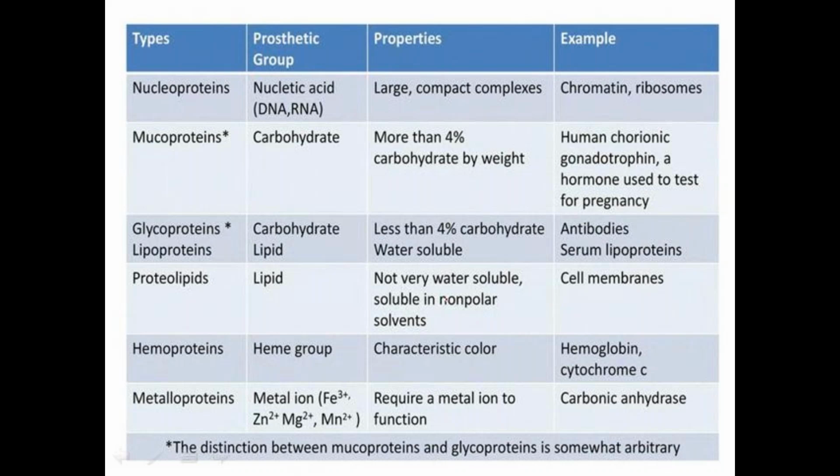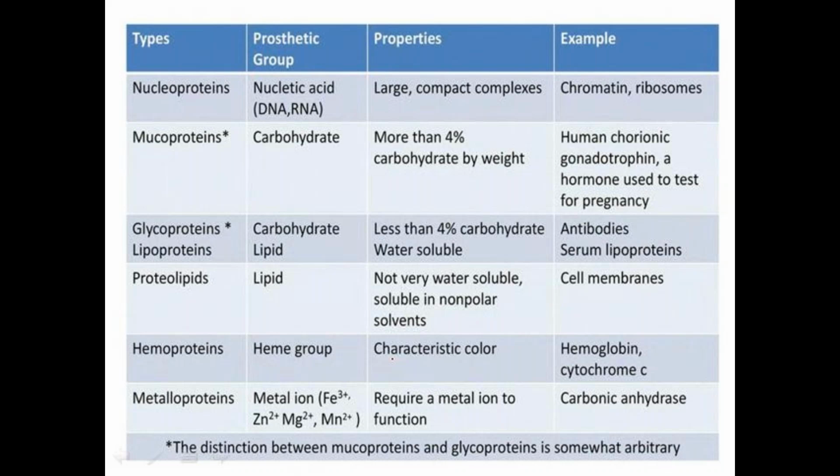That means these proteins form a complex with other groups, which may be nucleic acid, carbohydrate, or lipid, and that are called conjugated proteins. And different types of conjugated proteins are present: mainly nucleoproteins, mucoproteins, glycoproteins, proteolipids, hemoproteins, metalloproteins.